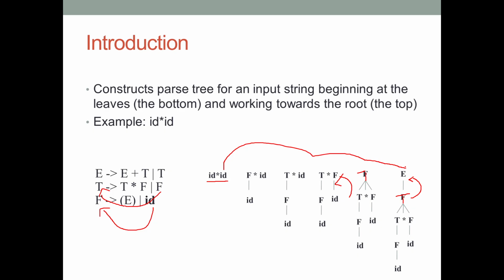The root node of this production is capital E. This is the bottom-up parser.